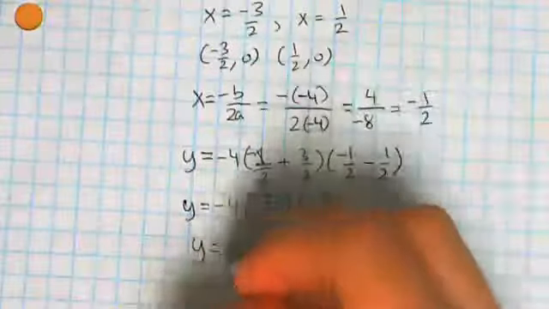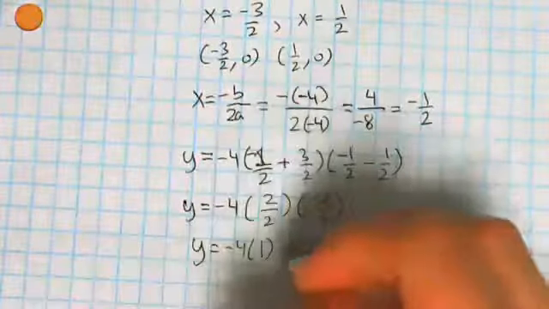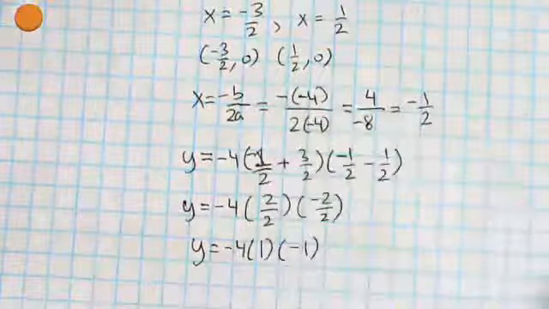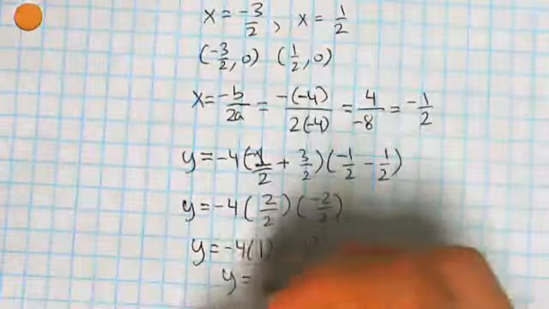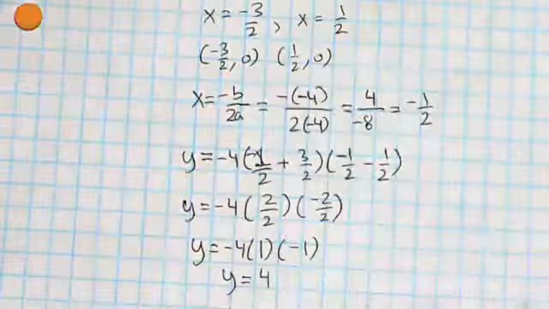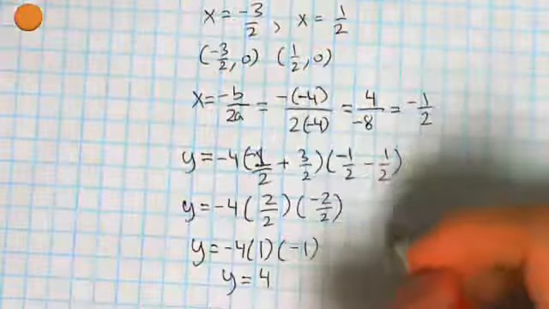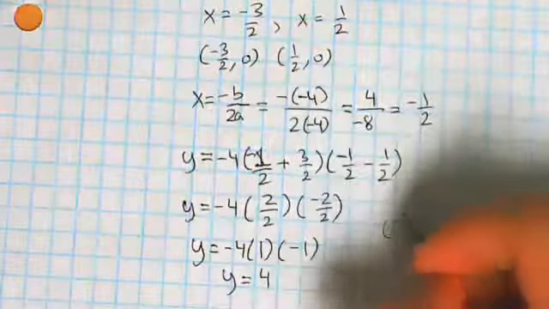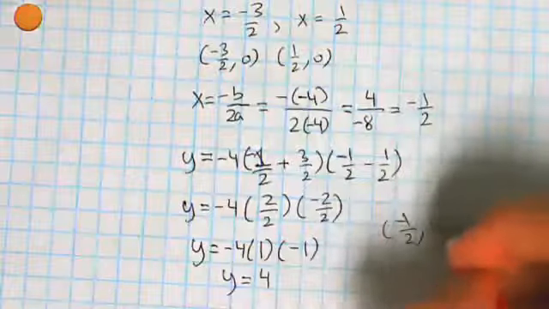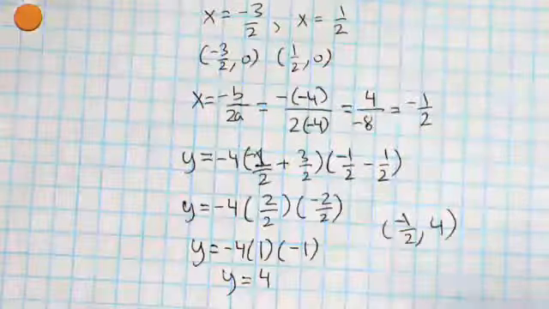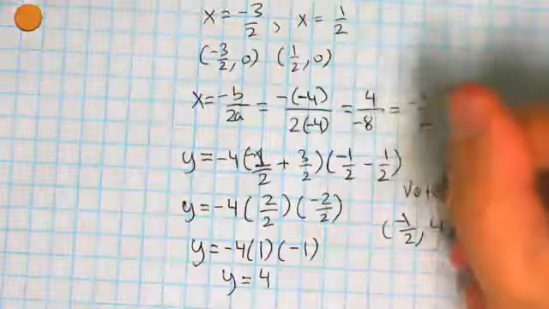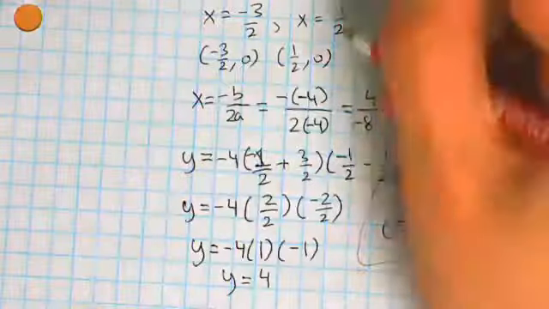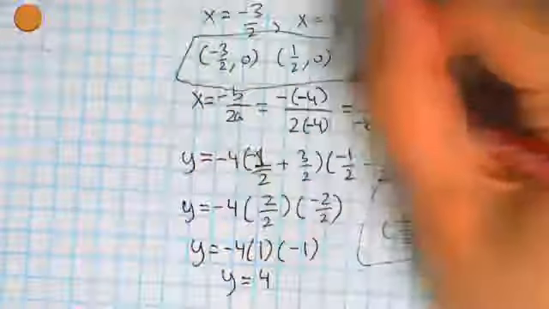AKA y is equal to -4 times 1 times -1, meaning y is equal to a +4. So our vertex will then be -1/2, that's our x value that we spent all that time finding, and 4. And at this point, we have all the points we need to graph this thing.